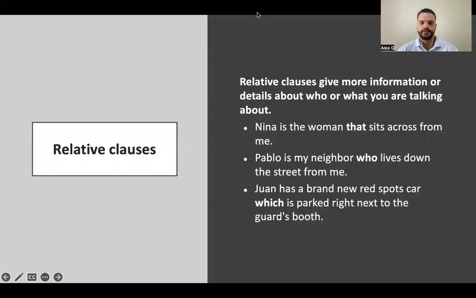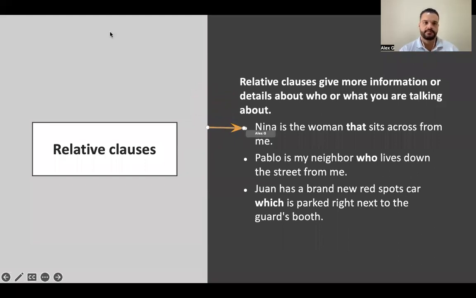The next thing that we're going to talk about is relative clauses. So let's begin by reading the introduction here. Relative clauses give more information or details about who or what you are talking about. So in this case, we can see an example here that says, Nina is the woman that sits across from me.